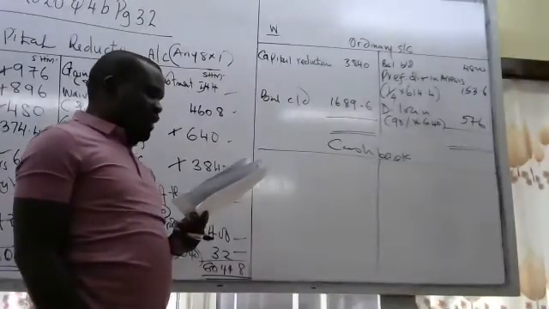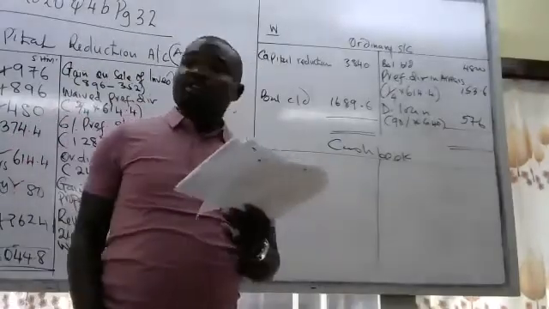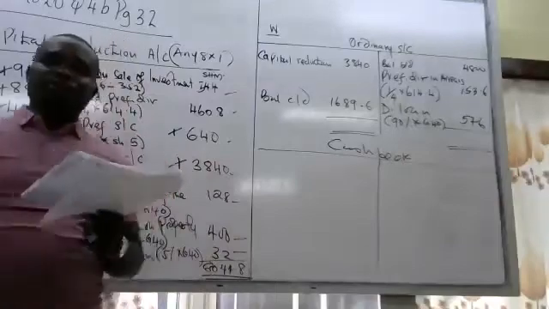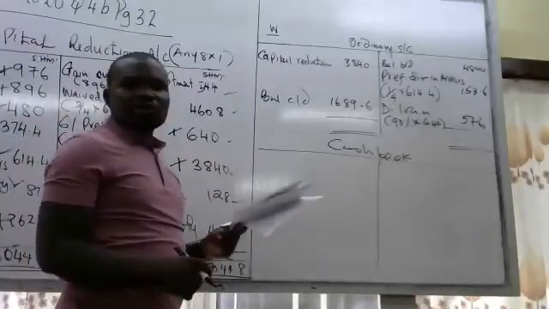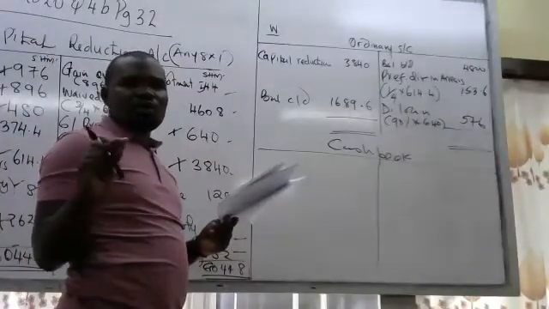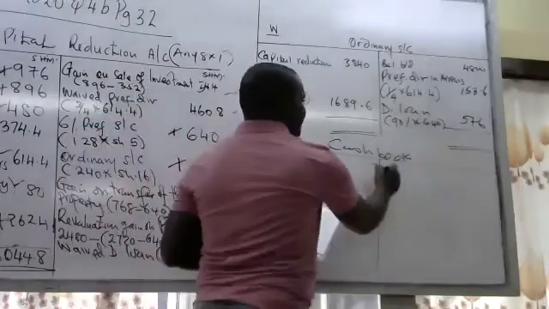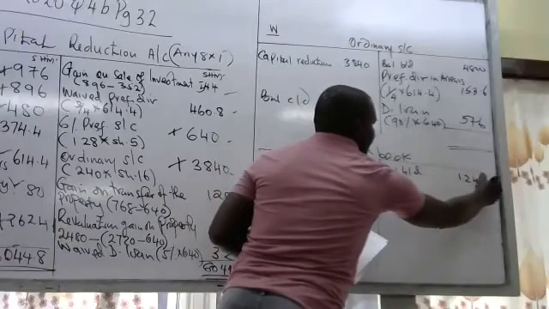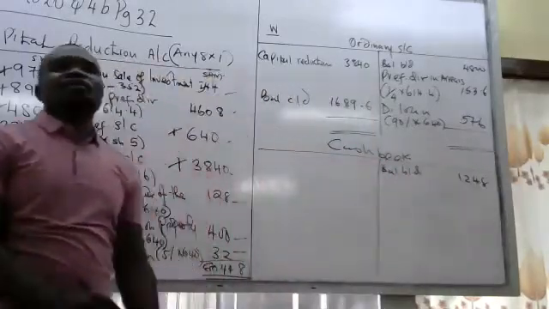There was no cash available, but under current liabilities, you are seeing an overdraft of how much? 1248. So balance brought down 1248. It was an overdraft.